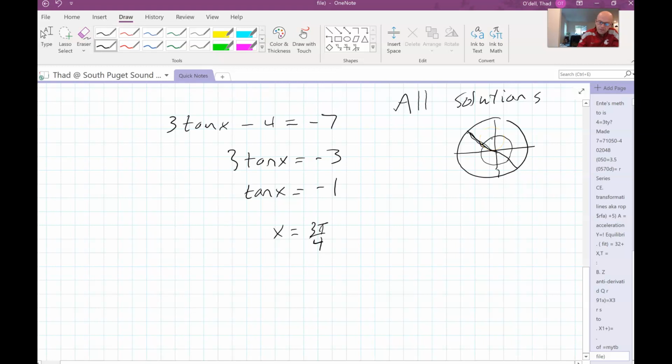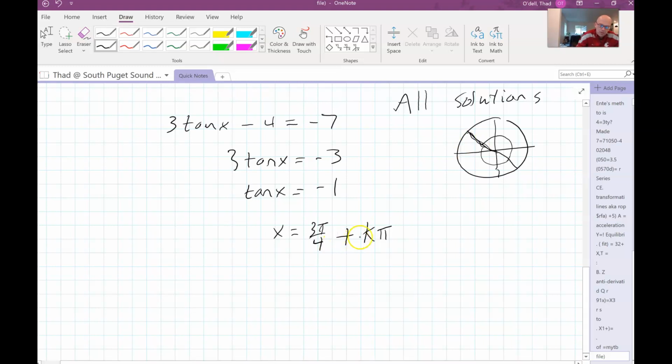So anyway, I can hit every answer by just adding pi over and over again. So my answer here, if I'm looking for all solutions, would be 3 pi over 4 plus pi k, or k pi, where k is integers.